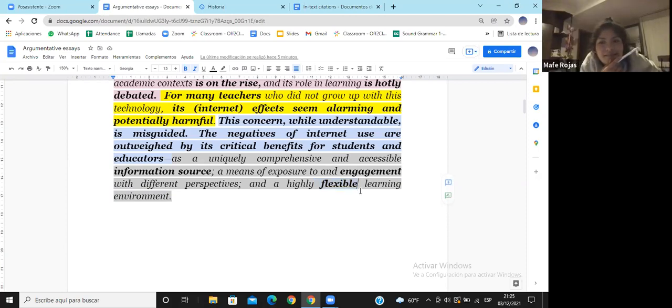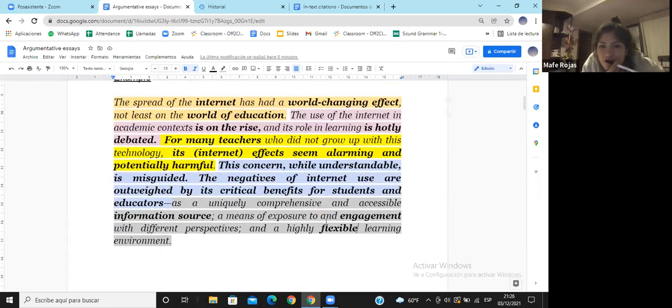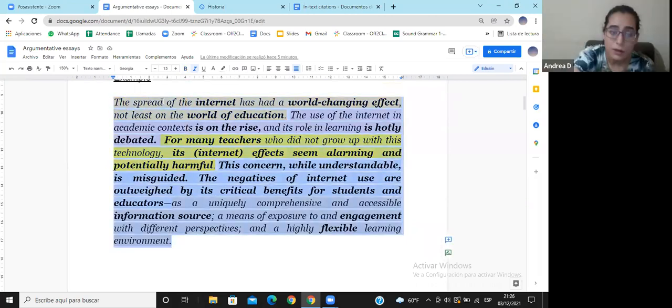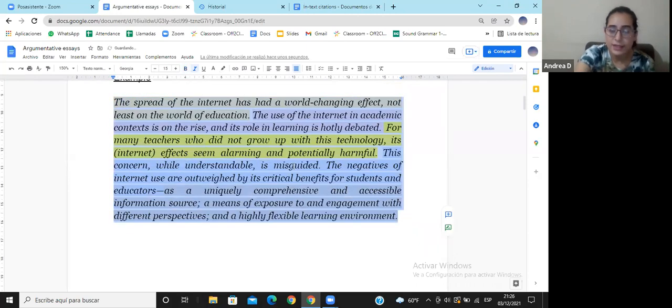Okay. And do we always have to put these things that we're going to talk about in the next paragraphs? Not really. Okay, it depends. Usually, if your essay is longer than 5 paragraphs, you can summarize it because it's going to give a sense of order, a sense of structure.